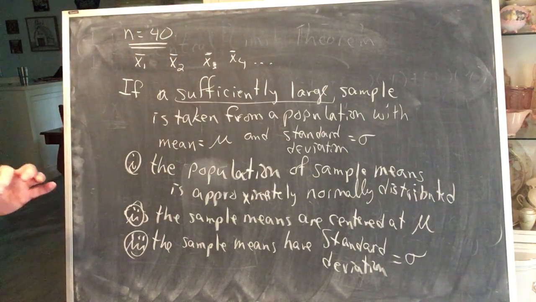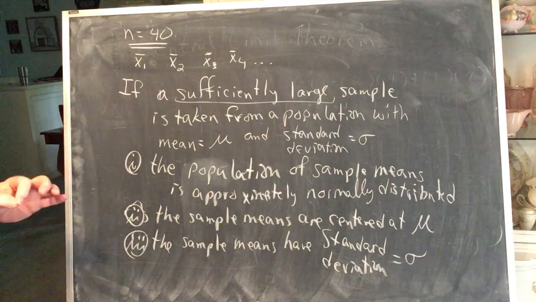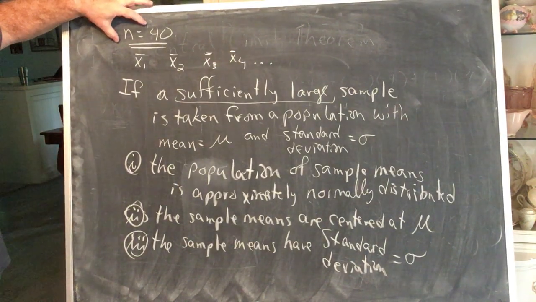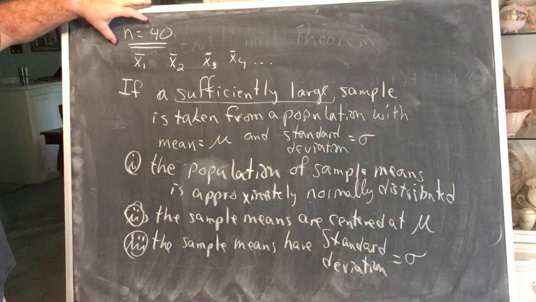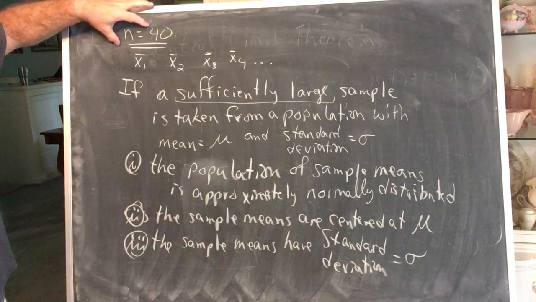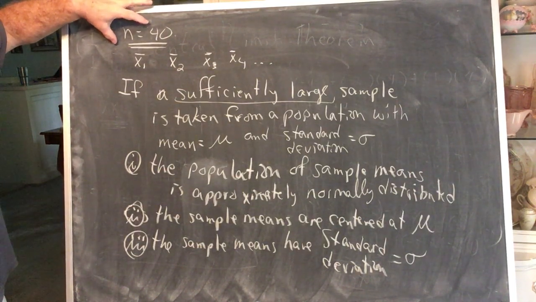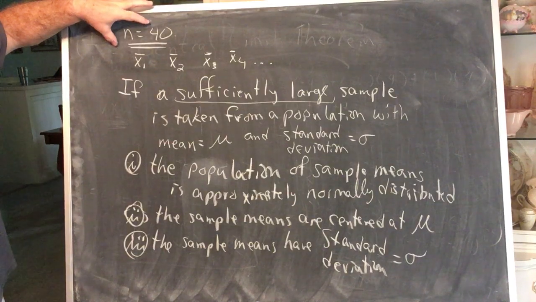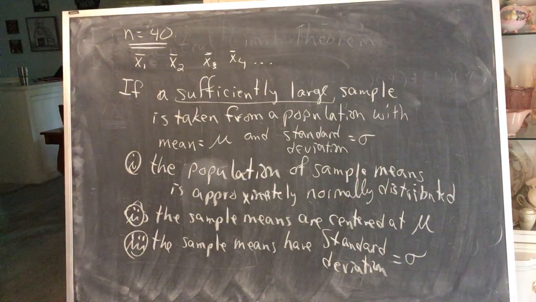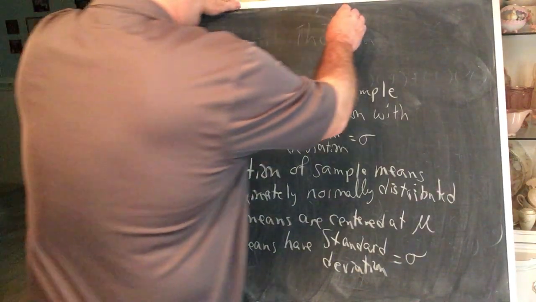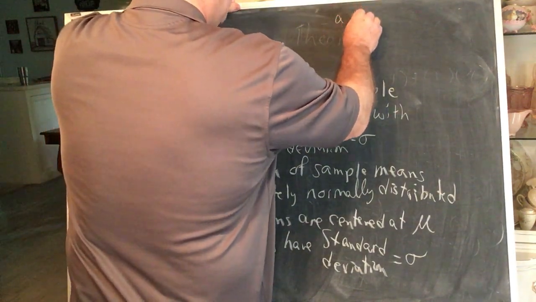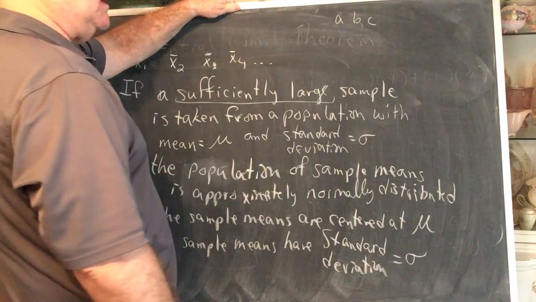Now, theoretically, we could take every conceivable sample of size 40. Now pause and think about that for a moment. We could theoretically take every conceivable sample of size 40. Now, let's simplify it. Suppose the population has 3 data values, and suppose our sample is size 2.